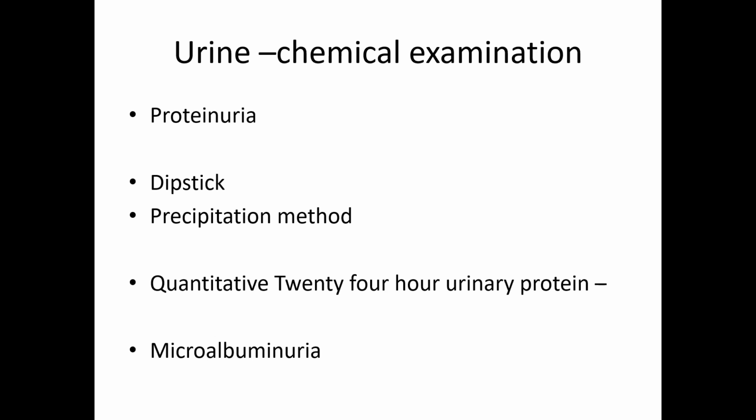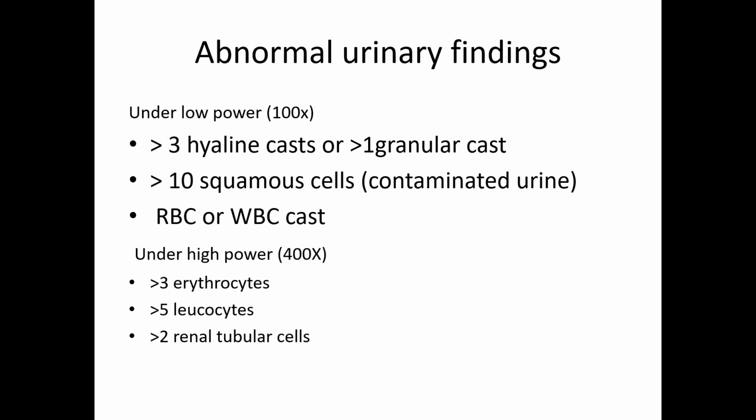Urine examination for proteinuria: proteinuria can be checked with the help of dipsticks or a precipitation method, like adding sulfosalicylic acid to the urine, or you can do a quantitative measurement of proteinuria. If the dipstick examination of urine protein is negative, we test the urine for the presence of microalbuminuria. On microscopic examination, RBC casts, WBC casts, or broad casts are seen in patients with chronic kidney disease.